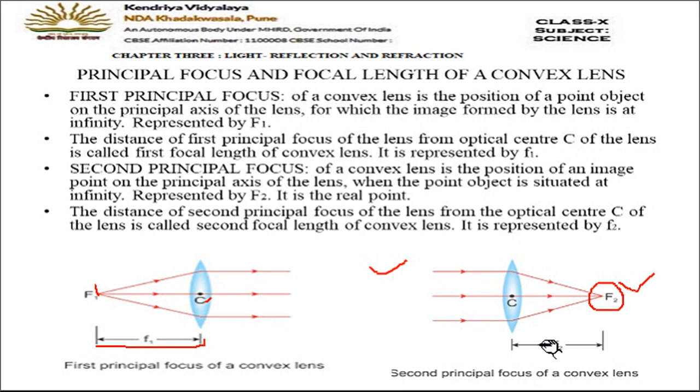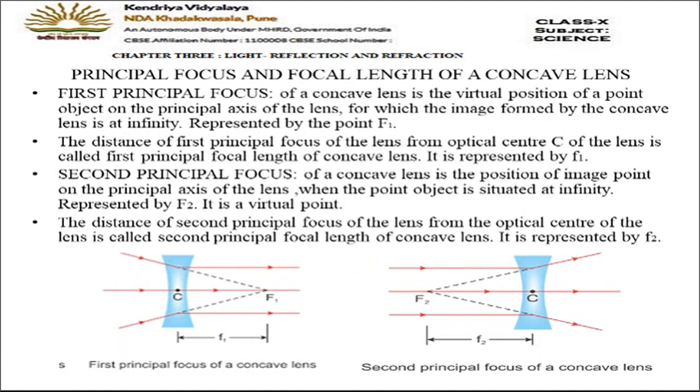But this is on the right side, so it is f2. On the left side you will always mark f1, and on the right side you will always mark f2. So what we studied is that a lens has two focus points, one on the left side and one on the other side. Now let us move on to the next slide.